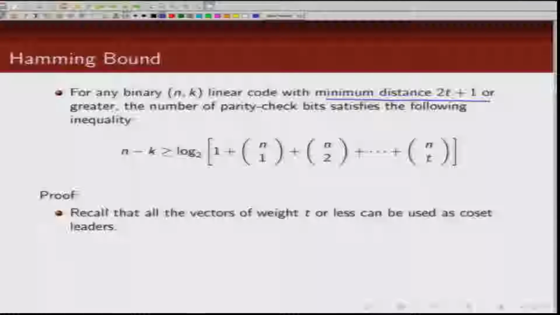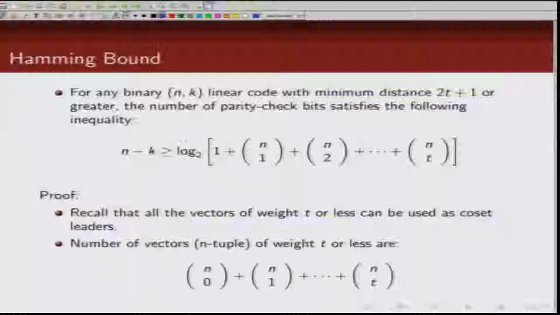Then we can correct these error patterns. So, if a linear code has minimum distance of 2t plus 1, all error patterns of weight up to t are correctable, and hence all error patterns of weight t or less can be used as coset leaders.